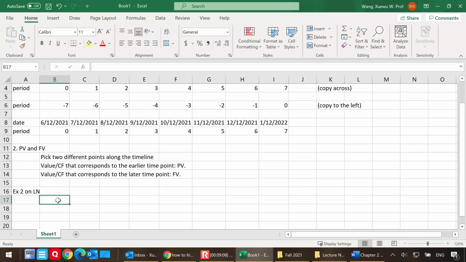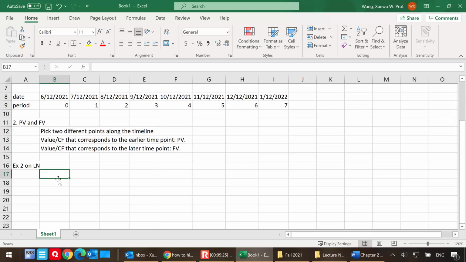Okay, so $1 invested 25 years ago. All right, that can be a case of future value if you're interested in knowing the value of such $1 50 years ago. Okay, why is that? Well, because we're talking about 2 time points here. One is 25 years ago, so I'm just going to say negative 25, and one is 50 years ago, so negative 50.